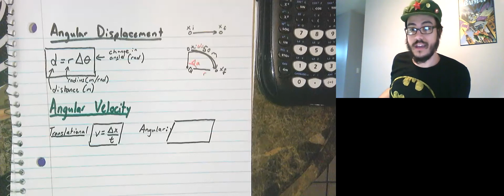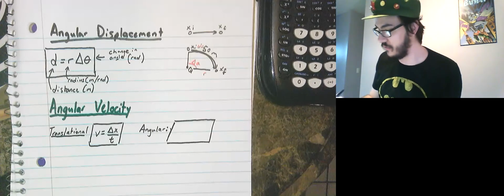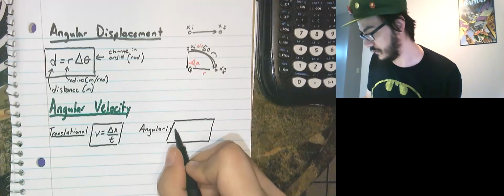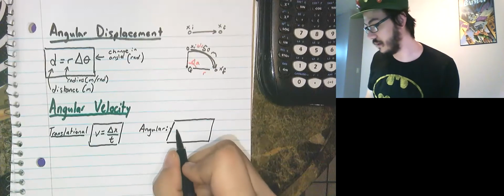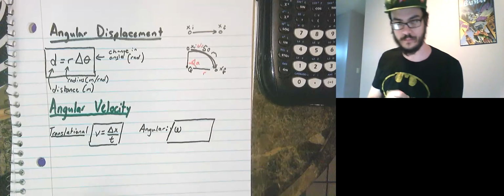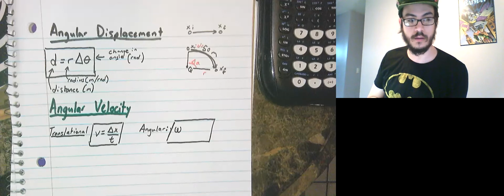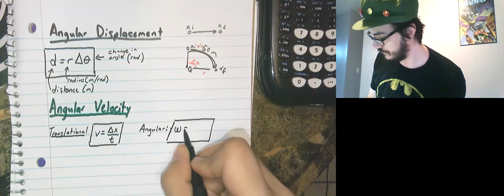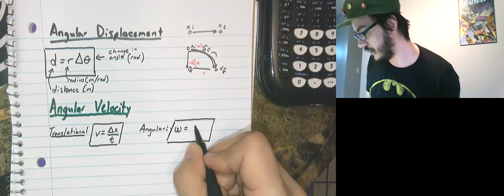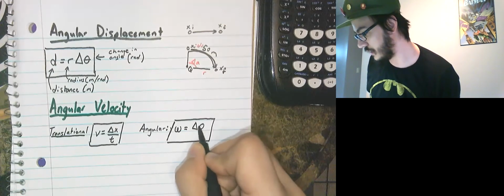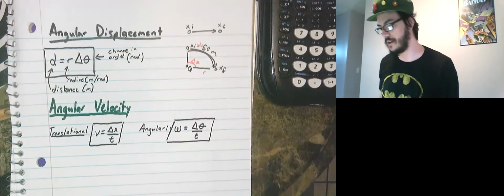The closest thing we have is omega, of course, capital omega, already taken by resistance. Not that that's going to be on this year's AP exam. So we will use a lowercase omega. For those of you who do not know, it looks like this. Kind of somewhere between a W and a U. So angular velocity omega is equal to the change in angle, that is your angular displacement, over time.